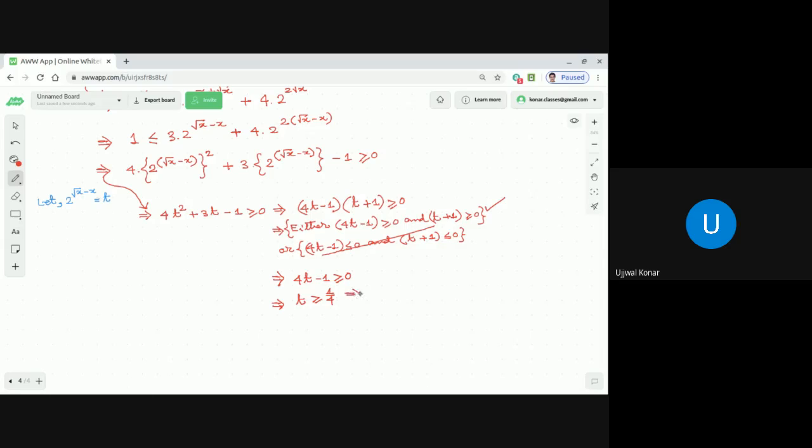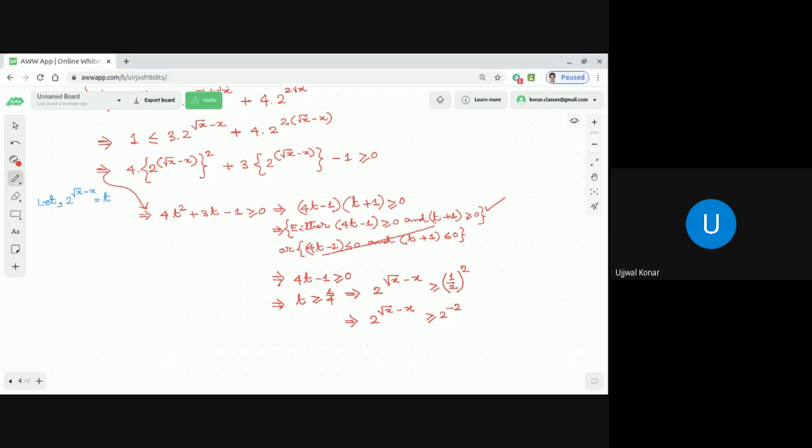So from here what you can write? t, which is 2 to the power square root of x minus x, is greater than or equal to 1 by 2 power 2. Correct or not? So from here we can write 2 to the power root x minus x is greater than or equal to 2 to the power minus 2. 1 by 2 to the power 2 means 2 to the power minus 2, no?